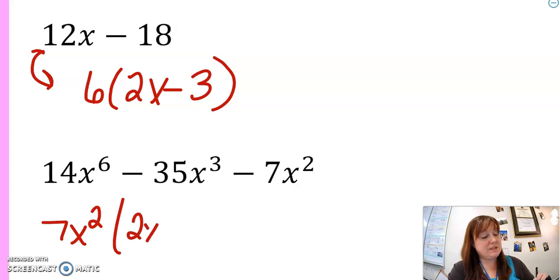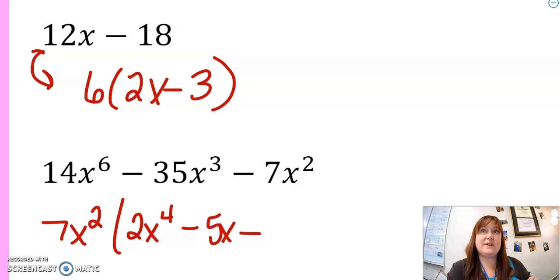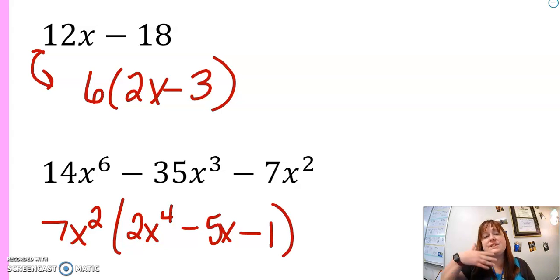Well, we have 2x to the 4th minus 5x minus, what is 7x squared divided by 7x squared? It's 1, and you can't forget that 1. It doesn't just disappear, right? I have to take each of these terms and divide them by 7x squared. So when I divide this by 7x squared, I'm left with 2x to the 4th. When I divide this, I'm left with negative 5x, and when I divide this, I'm left with negative 1.